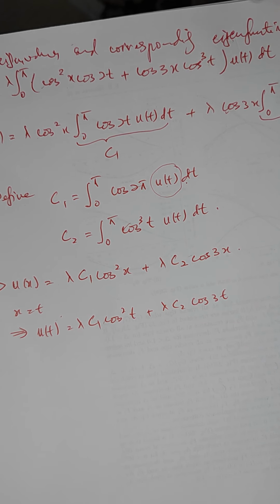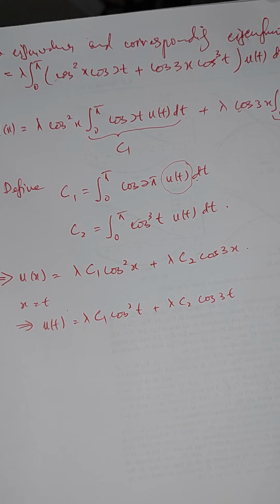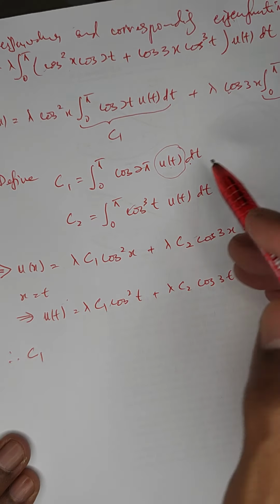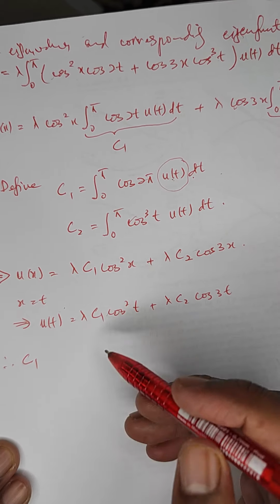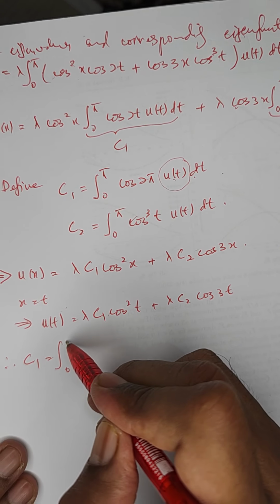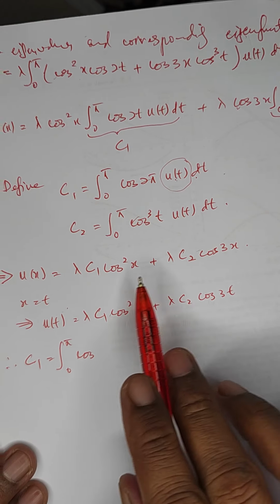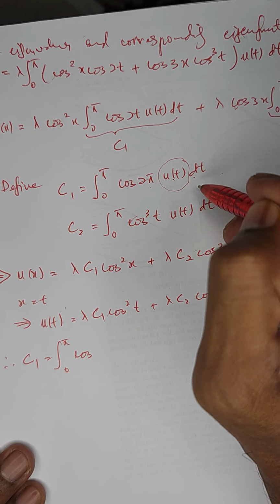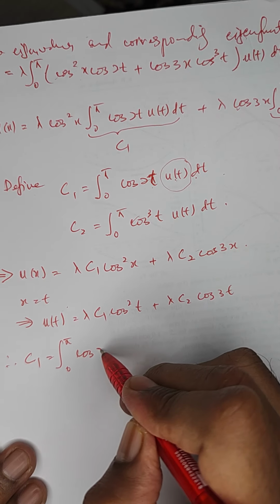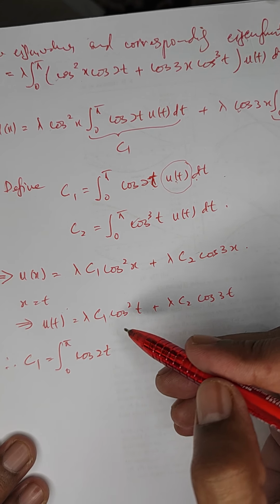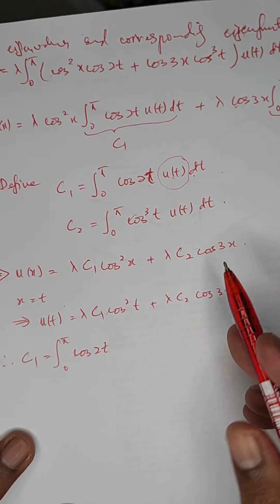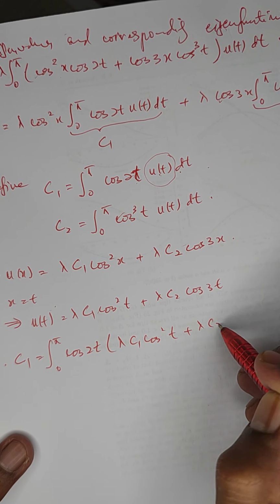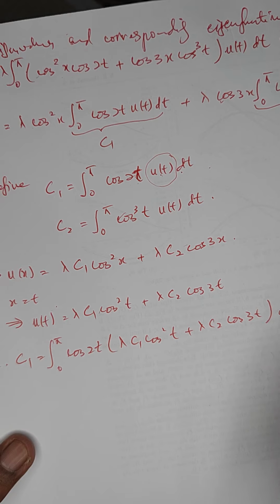So therefore c1 is equal to integrate 0 to pi cos 2t, and the ut is given here: lambda c1 cos squared t plus lambda c2 cos 3t dt.